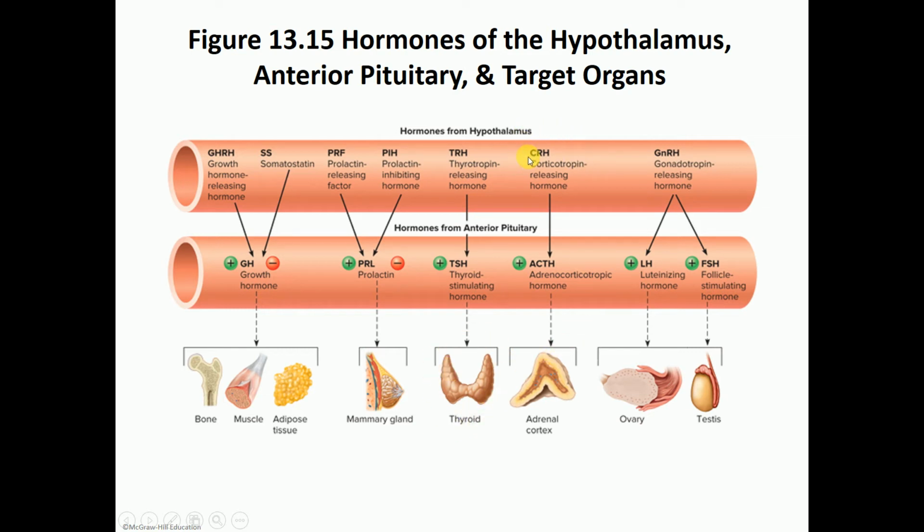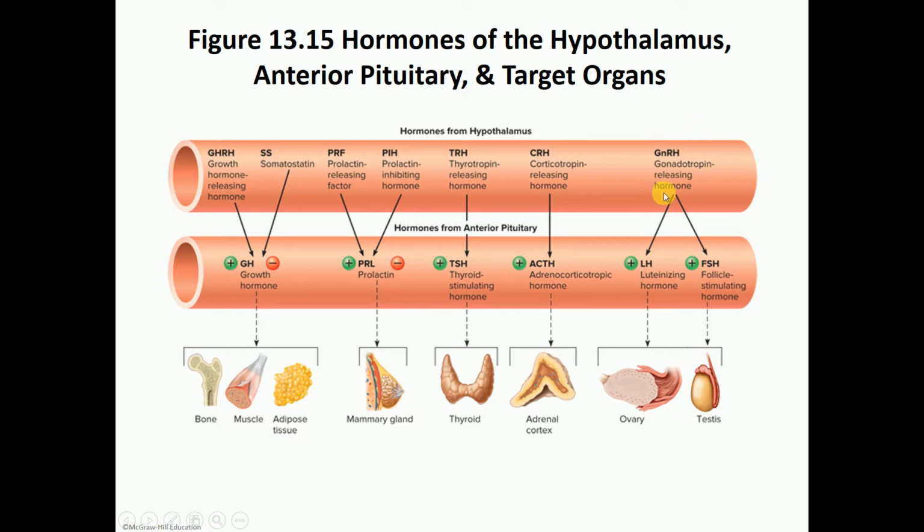Now, CRH, or corticotropin releasing hormone, released from the hypothalamus, would stimulate the anterior pituitary to secrete ACTH, or adrenocorticotropic hormone, and its target cell is the adrenal cortex, stimulating the adrenal cortex to secrete its hormones.